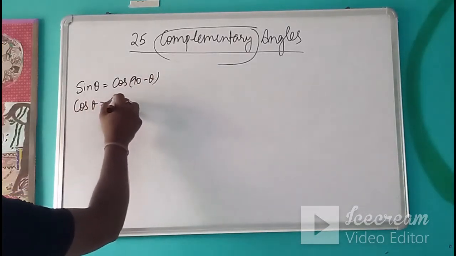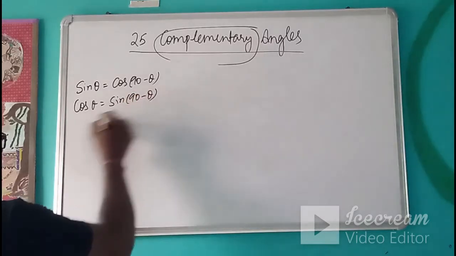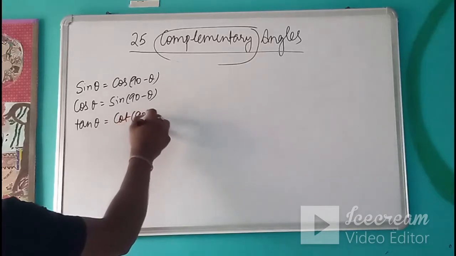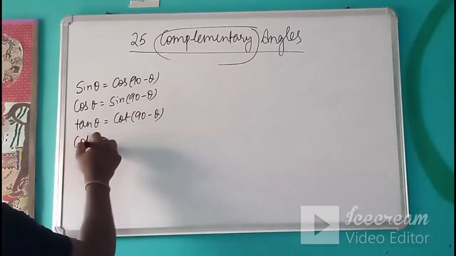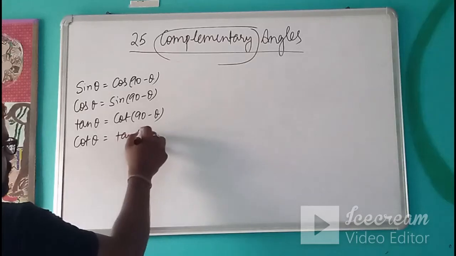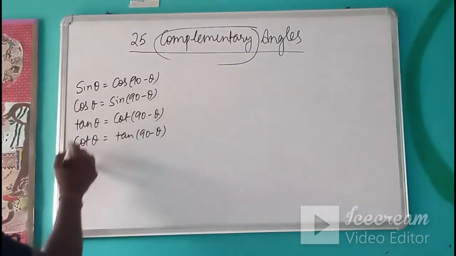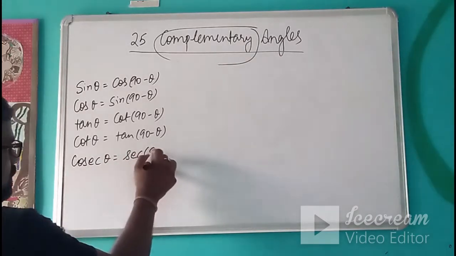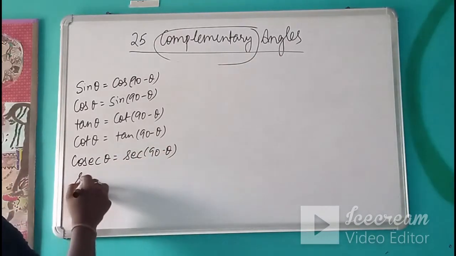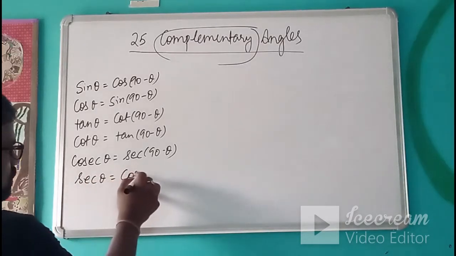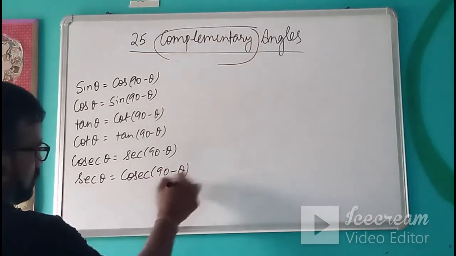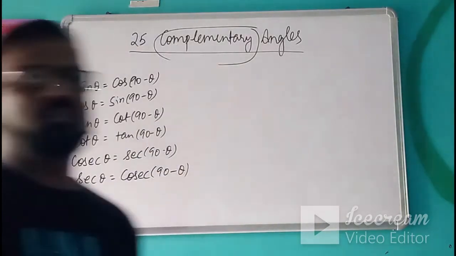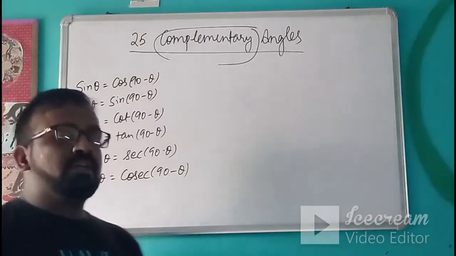Similarly, cos of theta we will write as sin of 90 minus theta, then tan of theta is cot 90 minus theta, and cot theta is tan 90 minus theta. Similarly, these relations will hold for the reciprocal relations also, like this. So these are the relations that we will use when we solve the questions of complementary angles.